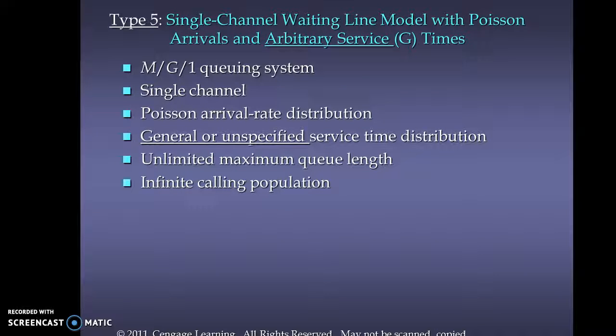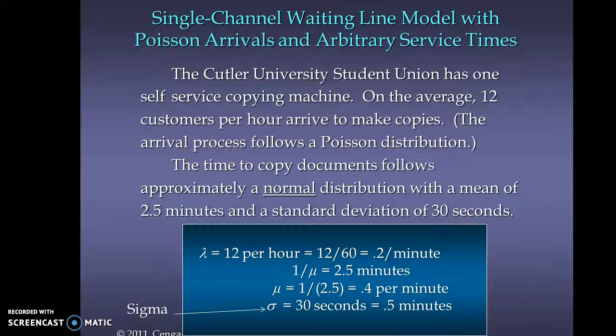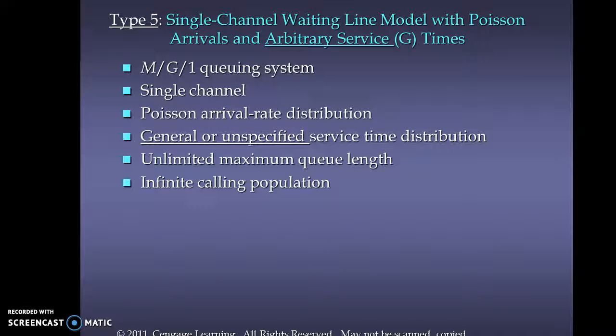All right, the 5th type, 5th of 6, arbitrary service times. We have a G, we call that a G variable. In this case, there's an example here for a self-service copy machine, 12 customers per hour arrival rate, and a normal distribution of 2.5 minutes, but there's a deviation. There's a variation in that. Again, it's arbitrary.